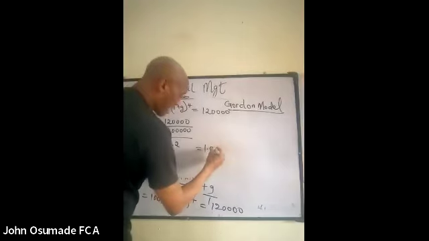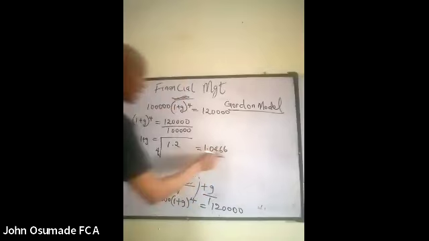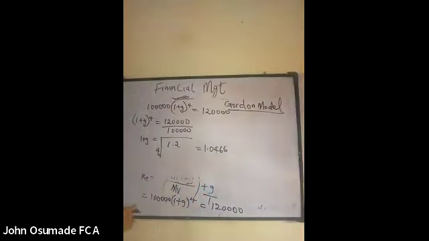So you are supposed to write 1.0466 in 4 decimal places.